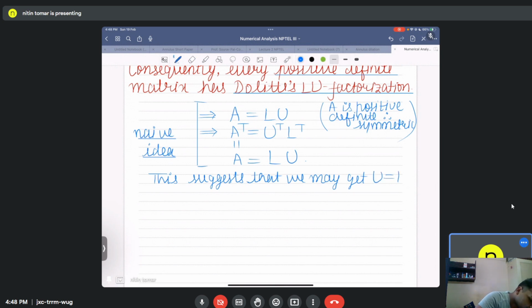Yes or no? Yes, correct. And that is precisely what Cholesky's factorization gave us.